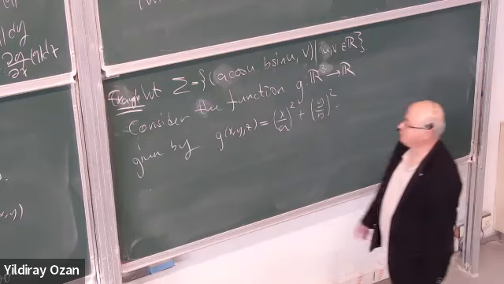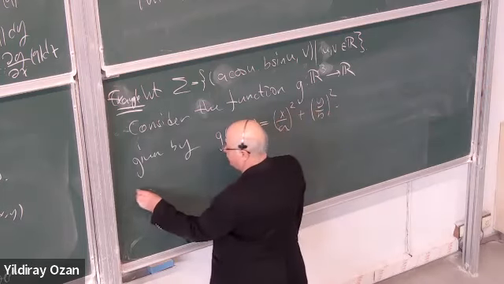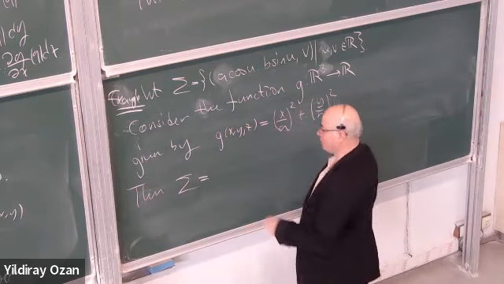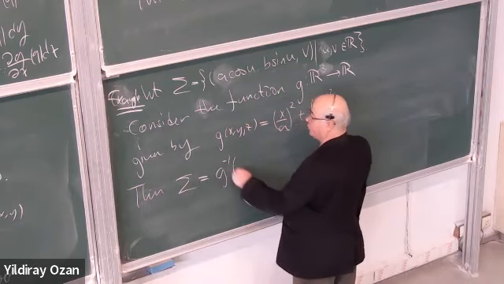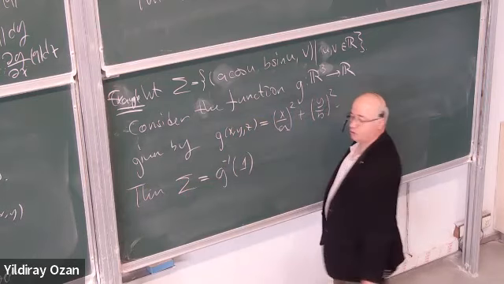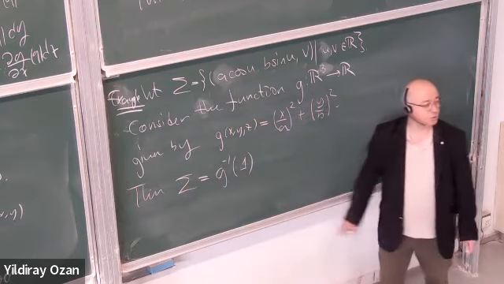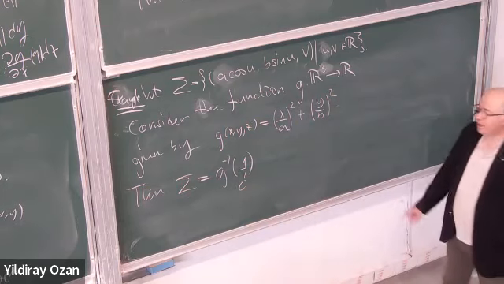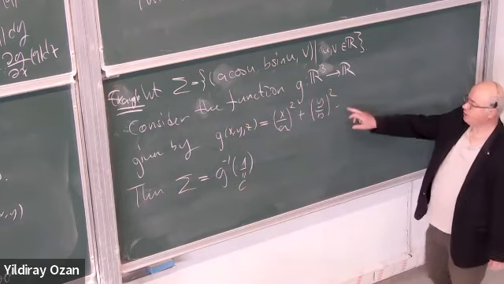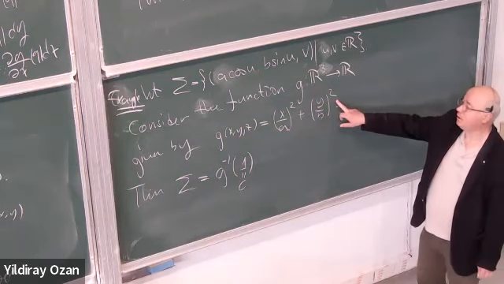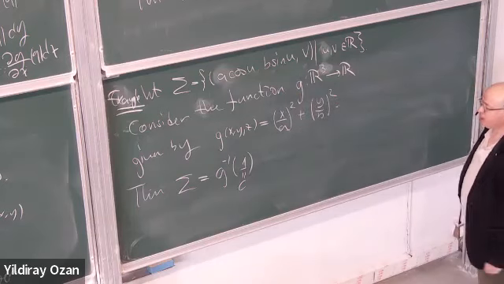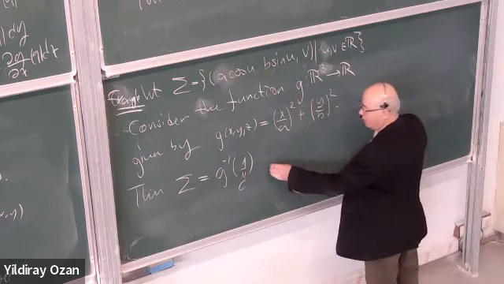Note that sigma is just g inverse of 1, right? I just let C equal 1, then the inverse image of 1. The points where this is equal to 1 are exactly these points.